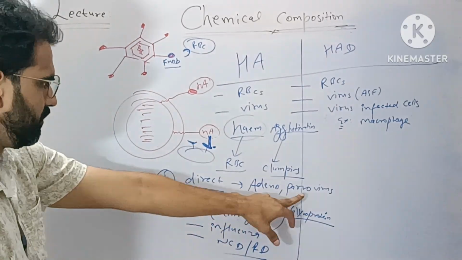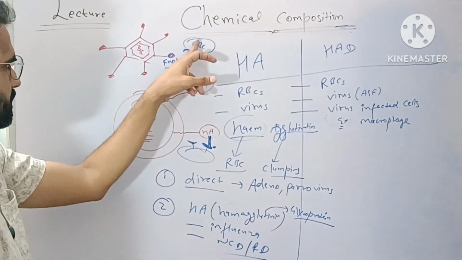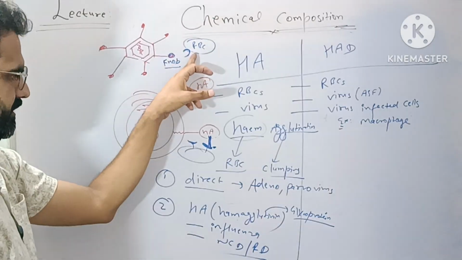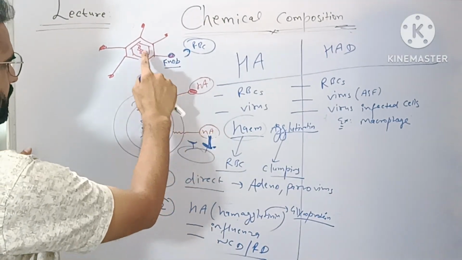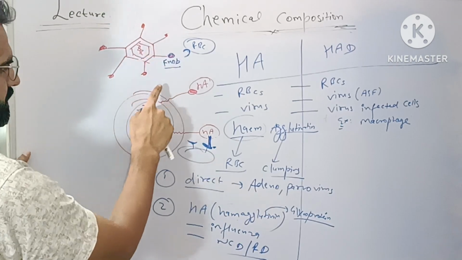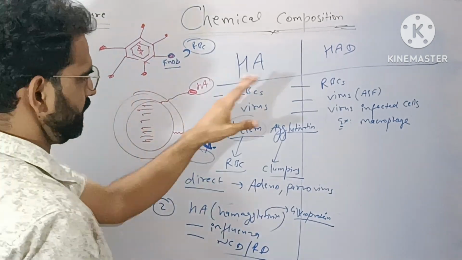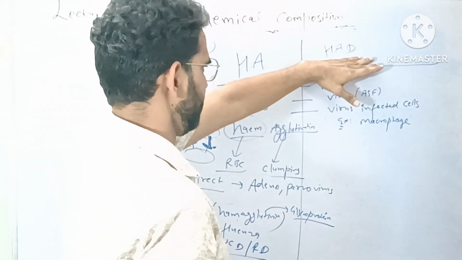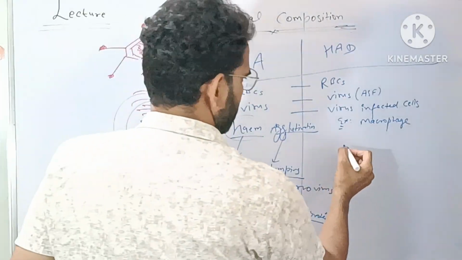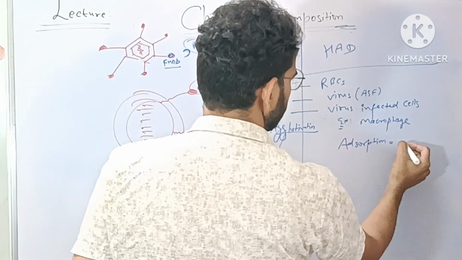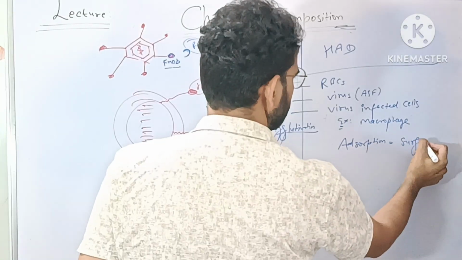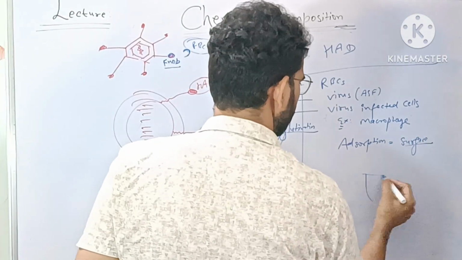Adenovirus and parvovirus directly agglutinate the RBC. They do not have any HANA glycoprotein on their surface. Now, the concept of hemadsorption. AD means adsorption. Adsorption means a phenomenon which happens on the surface. Here, what is the surface?